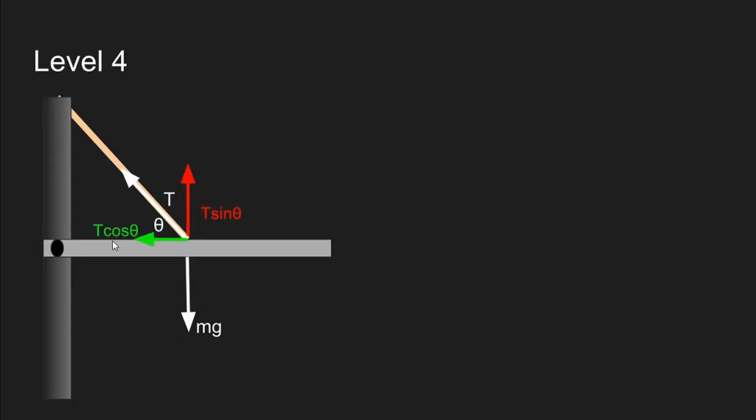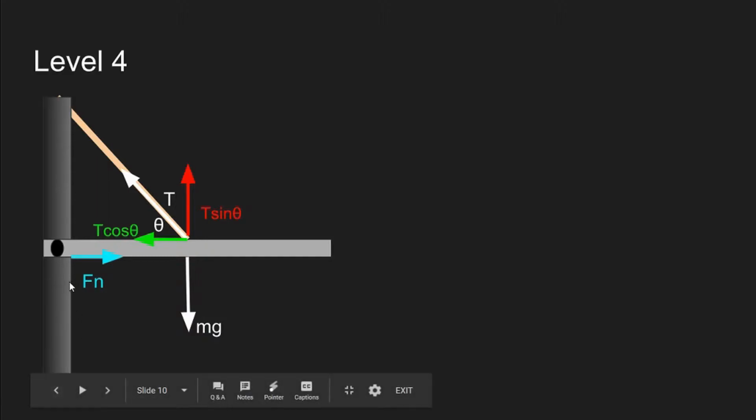The bar isn't collapsing in on itself, right? So there must be a force that this big bar thing is applying back onto this bar. And I just put Fn. I could have just put F and not have to explain why it's a force normal, but now I'm going to explain why.